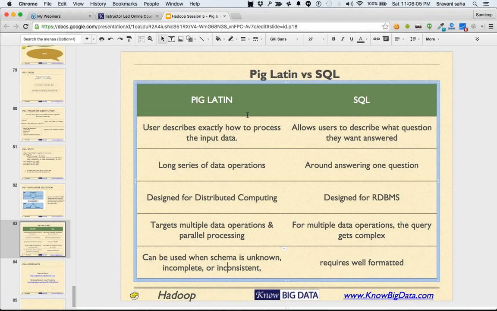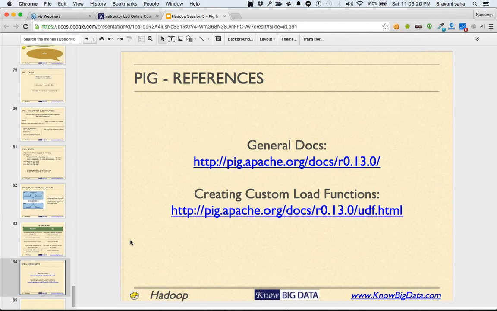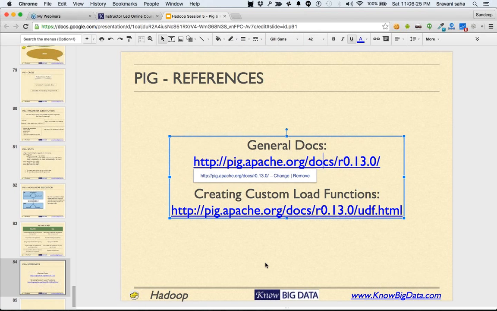Now, Pig Latin can be used when the schema is unknown, incomplete, or inconsistent. In case of SQL, it wants the whole data to be well formatted before consuming. All right, you can have a look at Pig's documentation here.